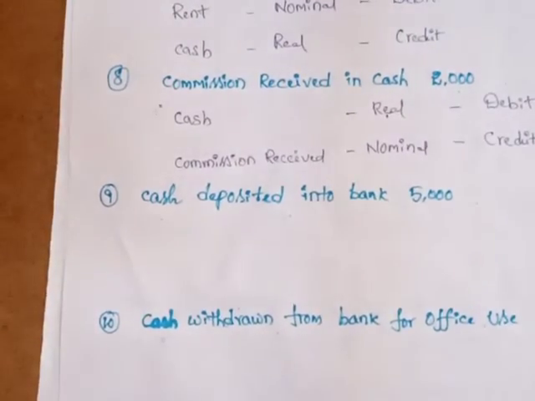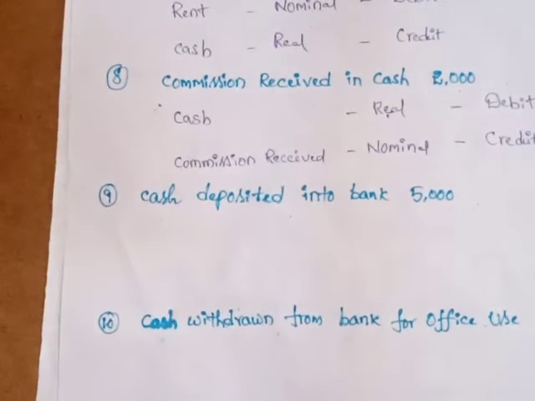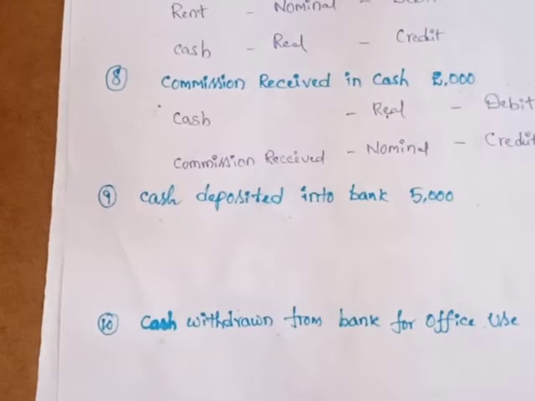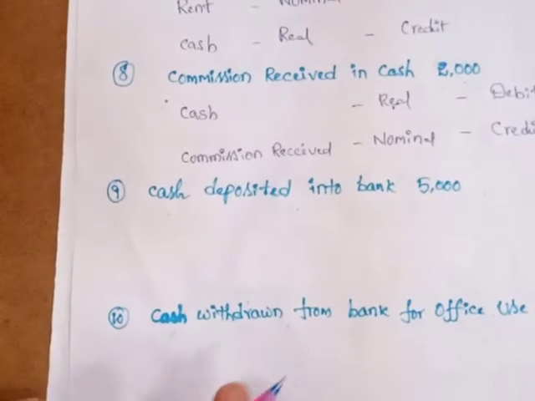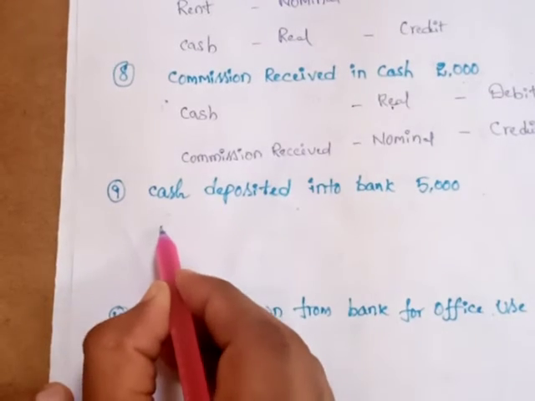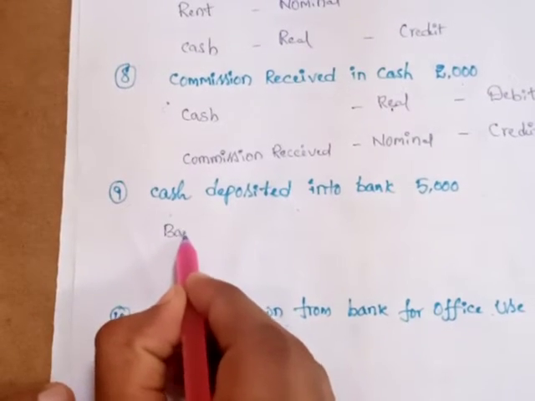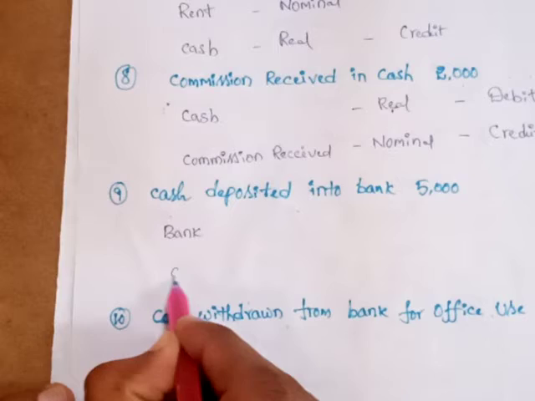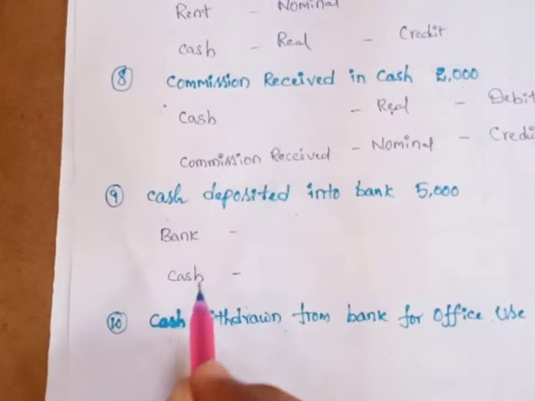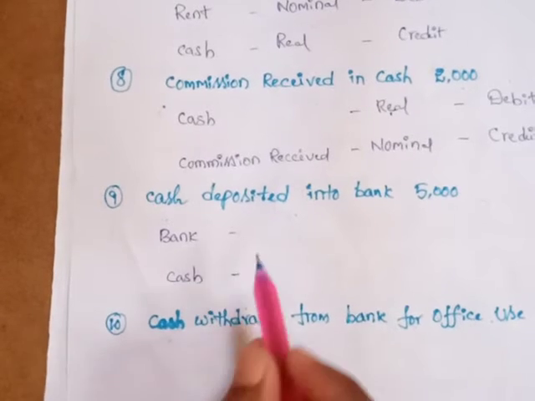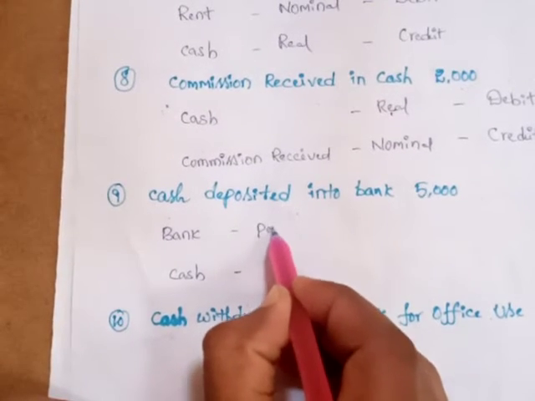Next, cash deposited into bank. In this transaction there are two aspects. One is bank, second one is cash. So bank is a personal account.